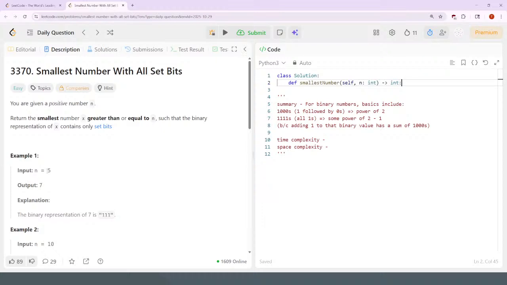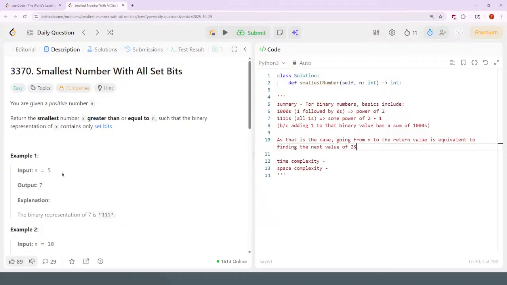so basically, as that is the case, going from n to the return value is equivalent to finding the next value of 2 to some power x minus 1 that is greater than or equal to n.